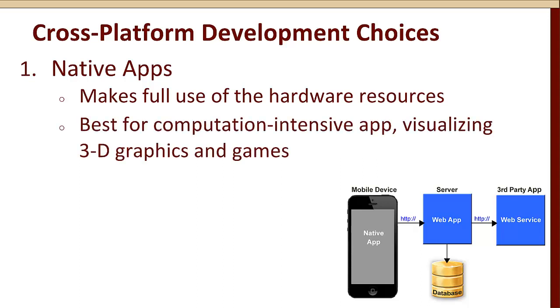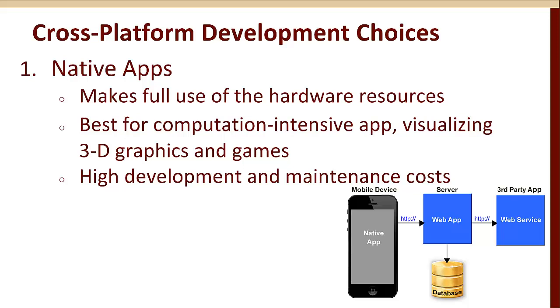They are best for computation-intensive applications and are preferred for visualizing 3D graphics and for games. The obvious downside is the cost of developing and maintaining several applications in different programming languages, and that often means a steep learning curve for some, plus implementing different platform-specific technologies.